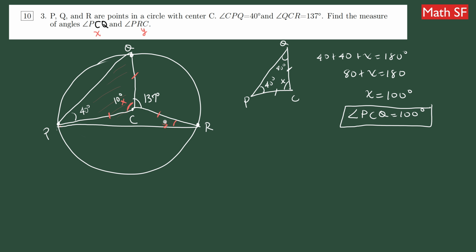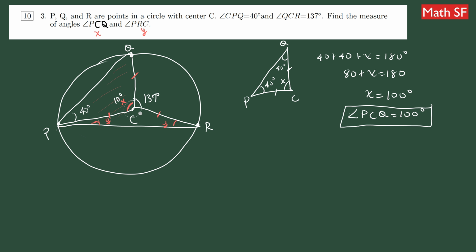And at the same time, if this is Y, this part here should be Y as well. Now, we also know that around the center C, all of these angles should add up to 360 degrees.